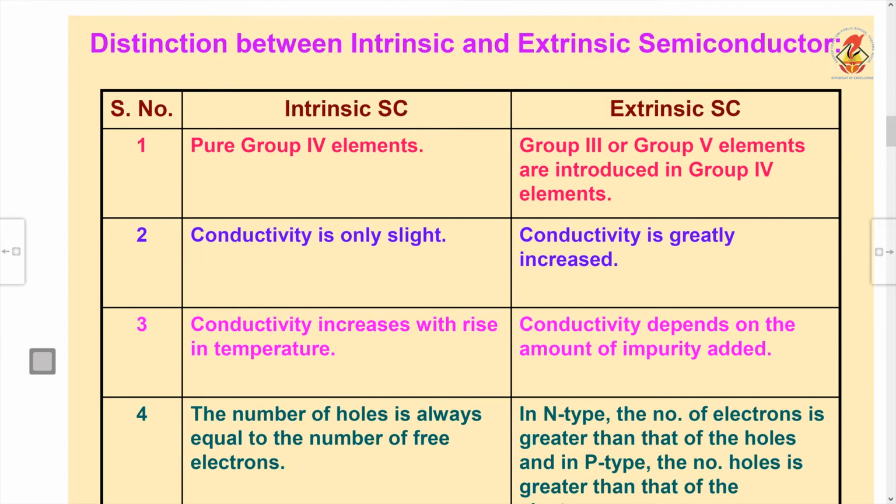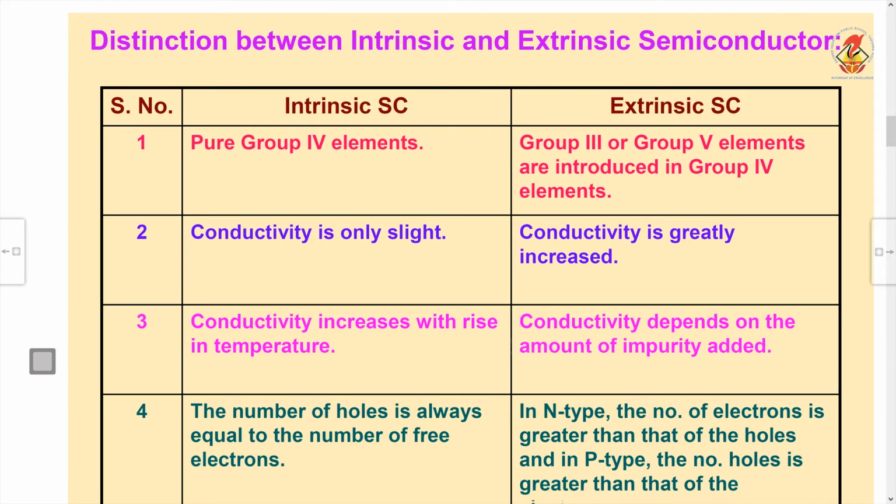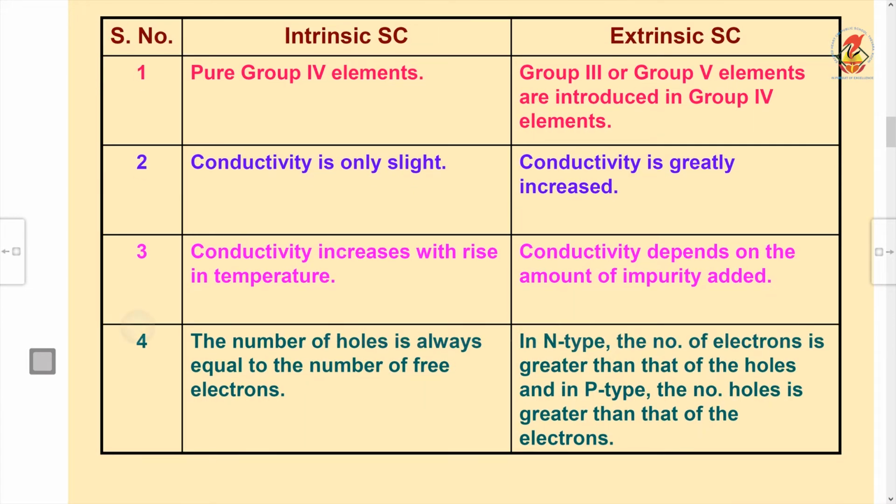I have just made a table for the distinction between extrinsic and intrinsic semiconductor. Everything we have already discussed, so you can just copy this from the board. See, I already told you, in intrinsic semiconductor the conductivity is very less, here conductivity is increased.